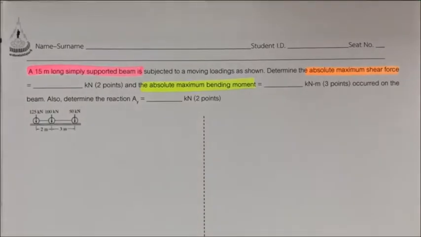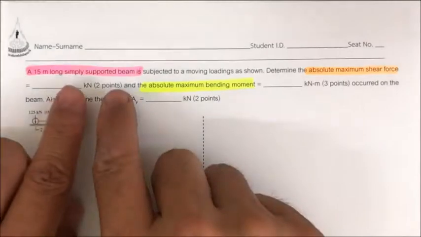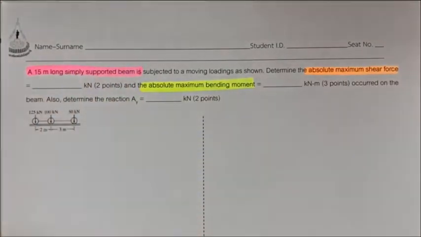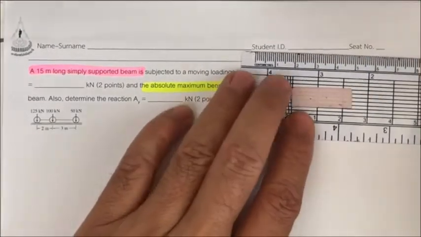When we are talking about determining the absolute maximum shear force on the simply supported beam, we should know that most of the time the absolute maximum shear has some specific location to occur.